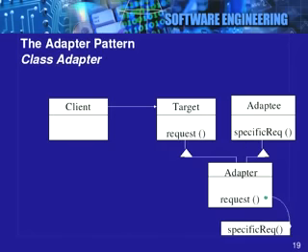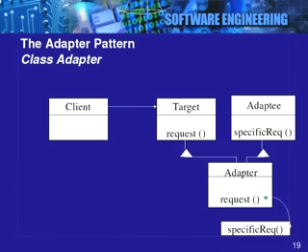So the pattern can be described as follows. On the earlier slide, we had the concrete solution for an example, that was the collection hierarchy. Now here you replace your class collection by a more abstract name called target. So this is a target, this is your adaptee, and this is your adapter.